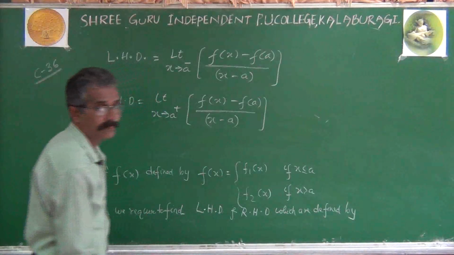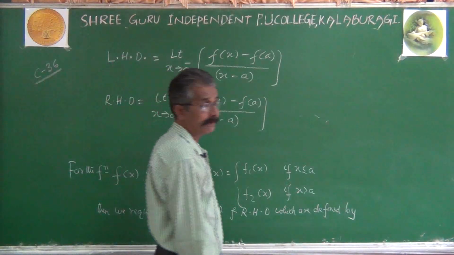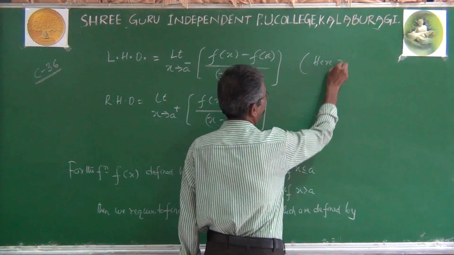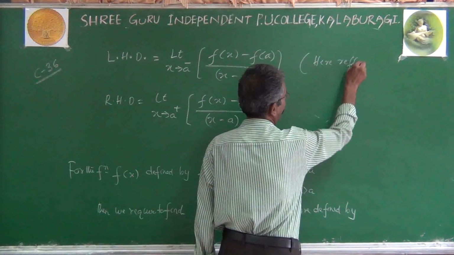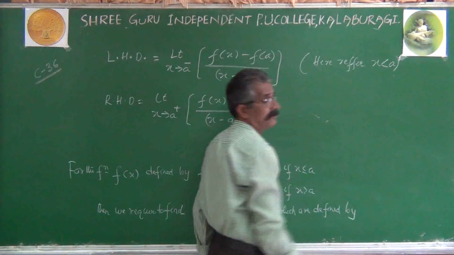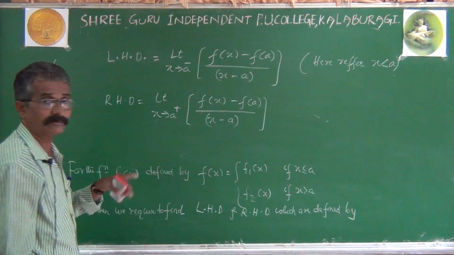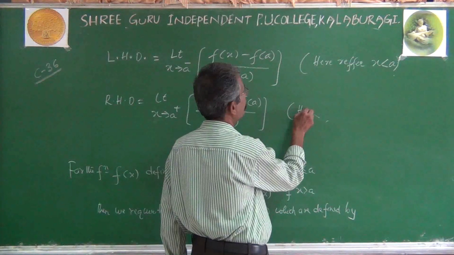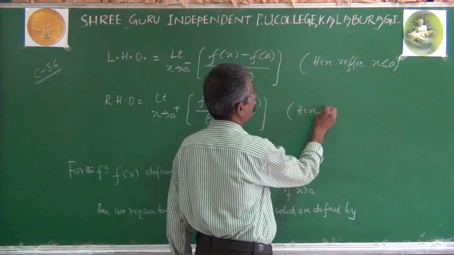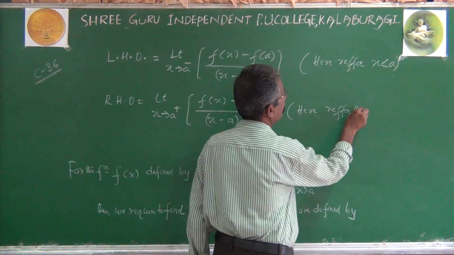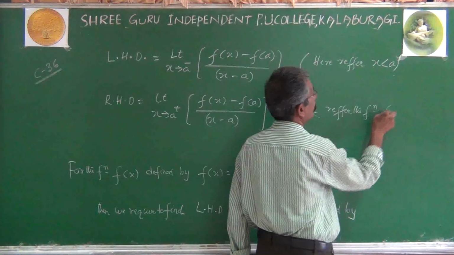You can write for your intimation: here refer to the function for x less than a, and here refer to the function for x greater than a.